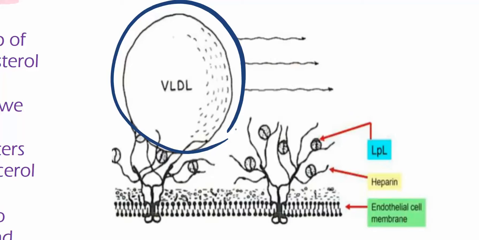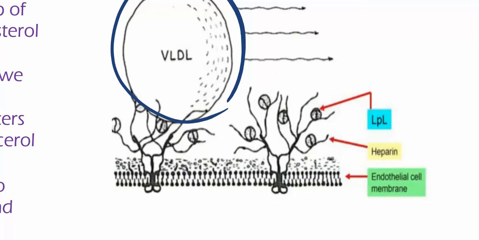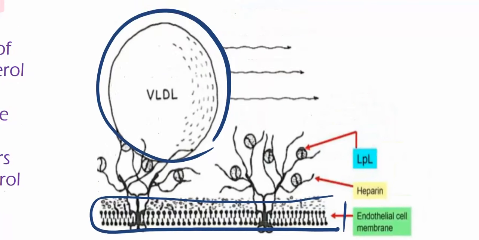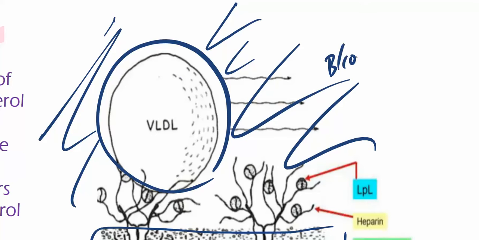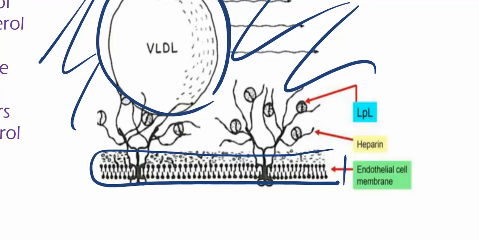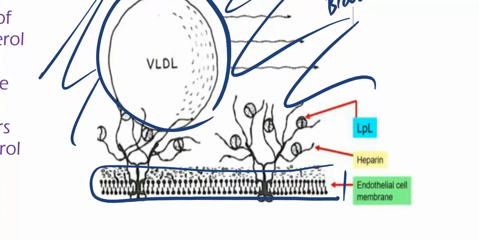This VLDL moves through the circulation, and what happens is that, here we have the endothelial cell plasma membrane. So we're assuming that this content here is blood. So we have the lipoprotein lipase, all right? Lipoprotein lipase is basically on tissues.